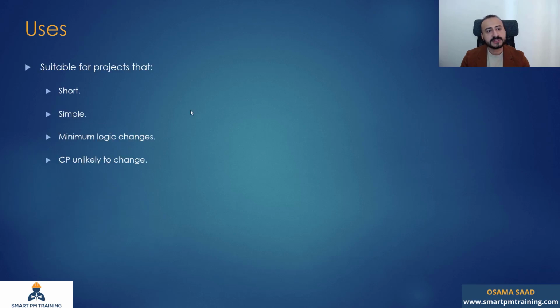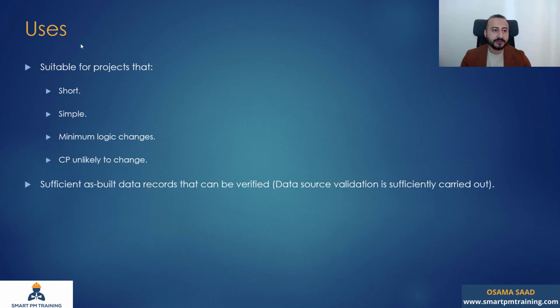What are the uses? Suitable for projects that are short, simple, with minimum logic changes, where the critical path is unlikely to change. You can use this method if you have sufficient as-built data records that can be verified. I assume that you have done a good job in the data source validation as well, because your as-built is everything, right? You compare the as-built against the as-planned.